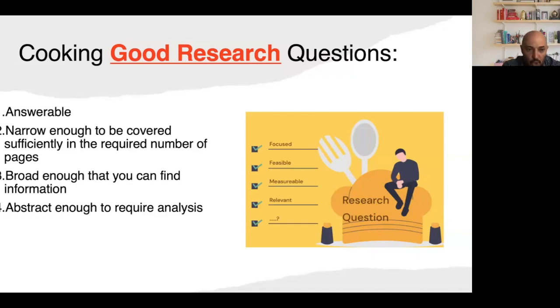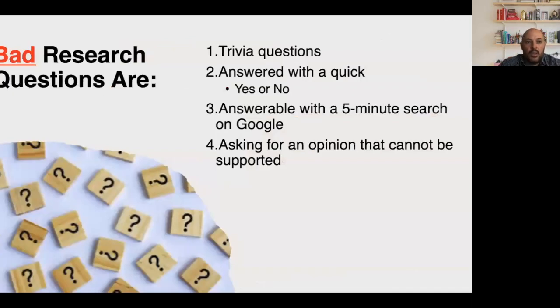This concept is also relative to your audience, to the knowledge of the people reading your work, and to whatever has been published in the literature. It should be abstract enough to require analysis. A good research topic should be focused, feasible, measurable, relevant, creative, innovative, and many other factors that let you communicate your research.